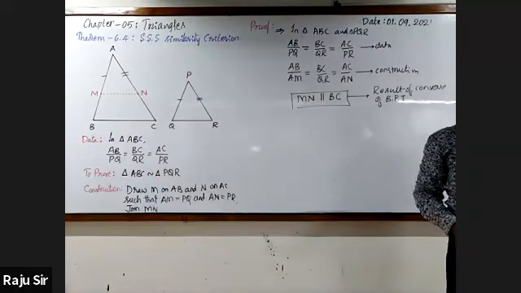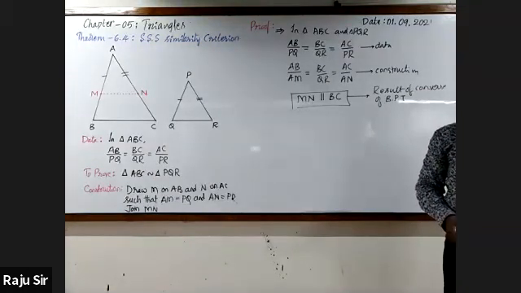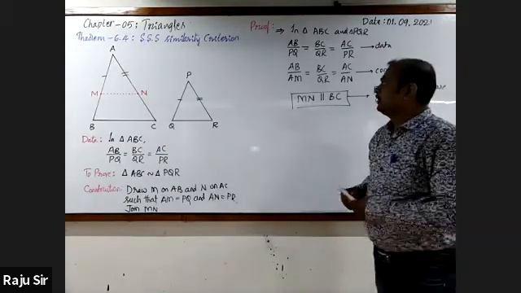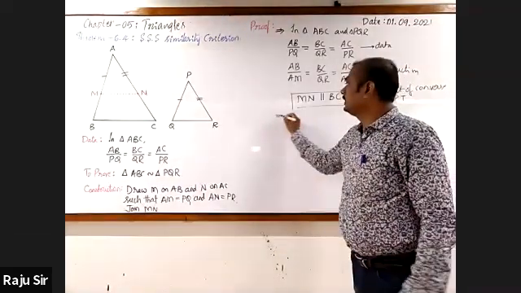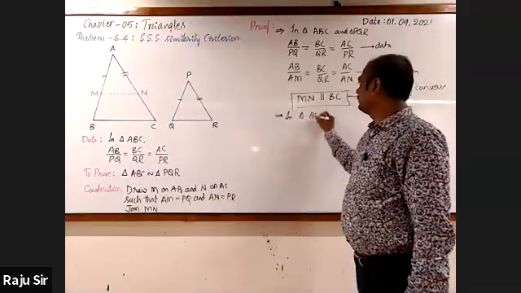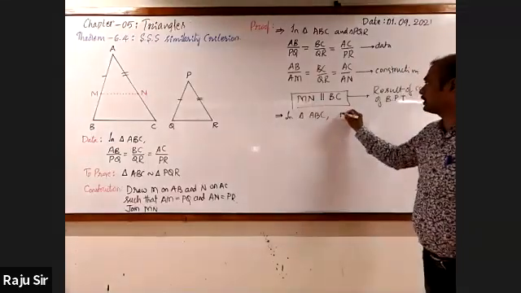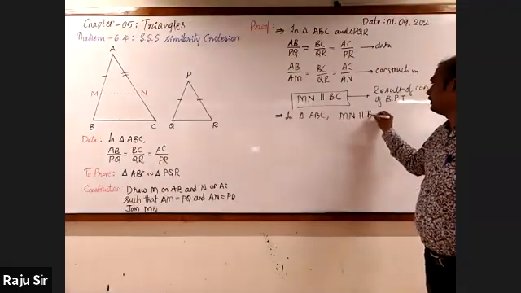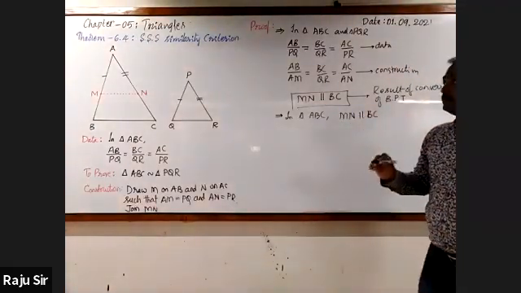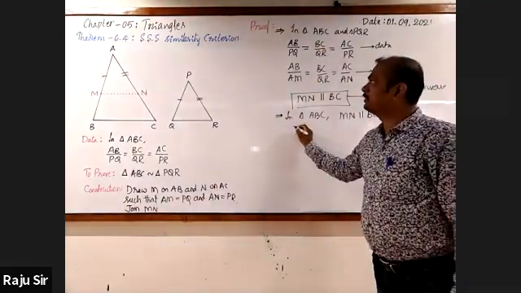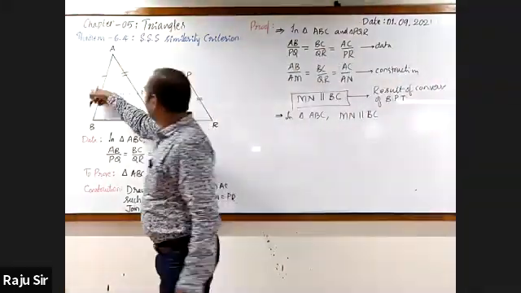Observe. Here I'll write in triangle ABC, we have come to know MN parallel to BC. Therefore, we can write AM by AB.